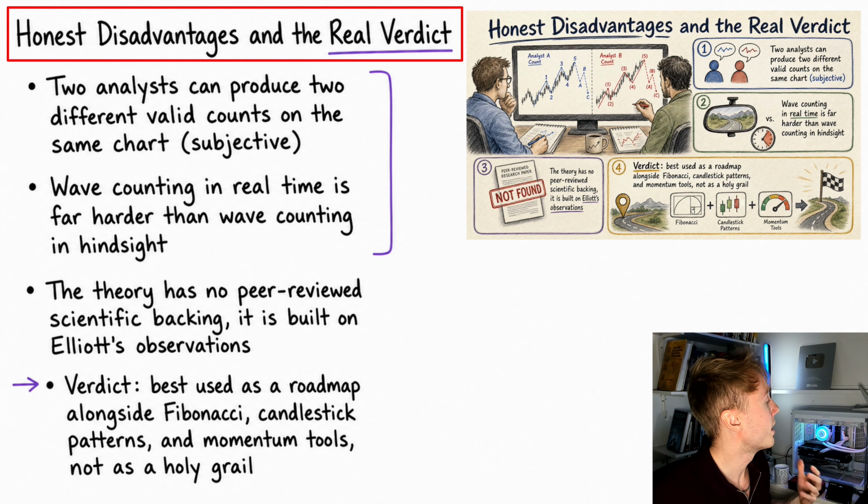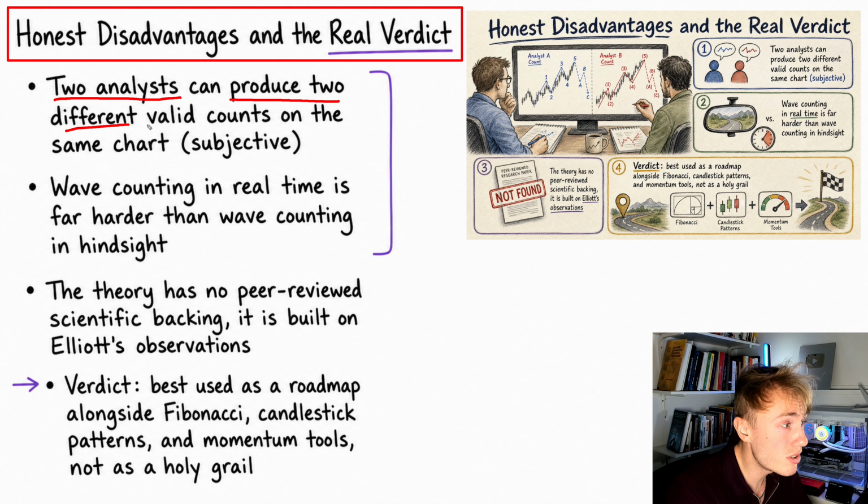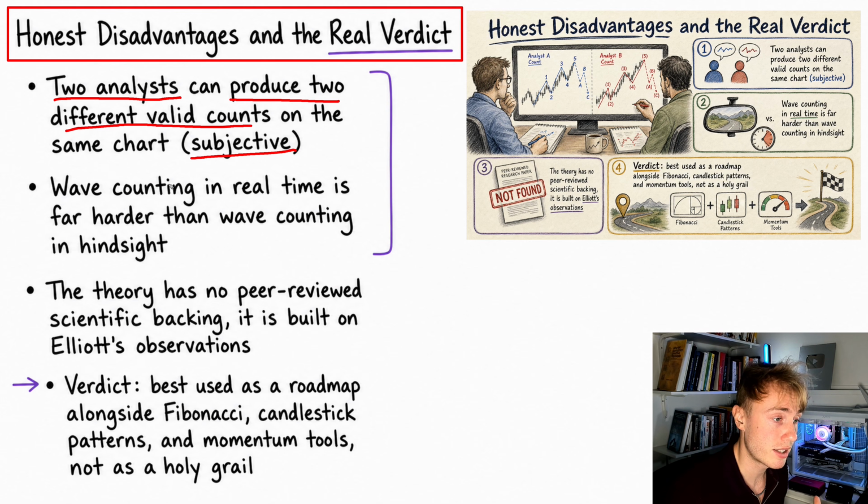And here, one downside is that two analysts, so two different traders, can produce two different valid counts on the same chart. So Elliott Wave Theory is inherently subjective. Two traders can look at the same chart and get different counts, and sometimes one trader will break many rules, but you can have two traders looking at the same chart, not breaking any rules, and still arrive at different counts.